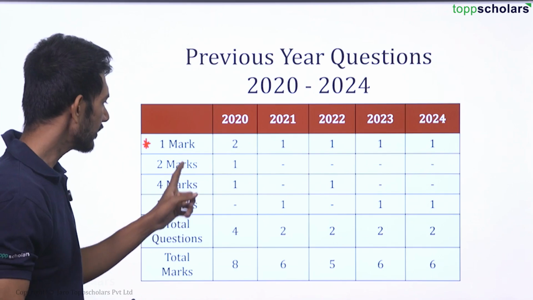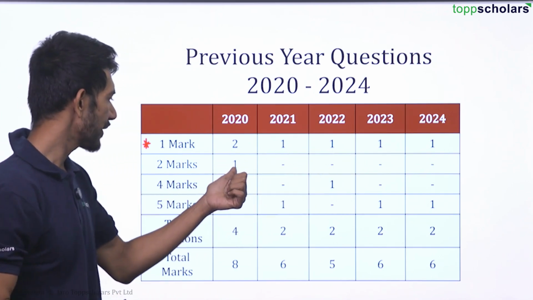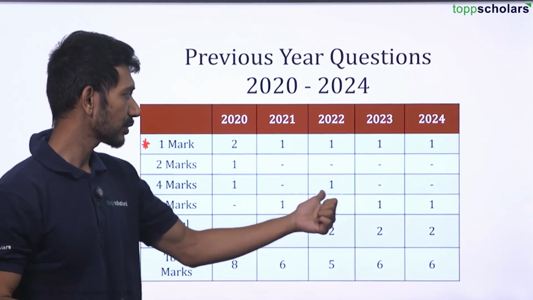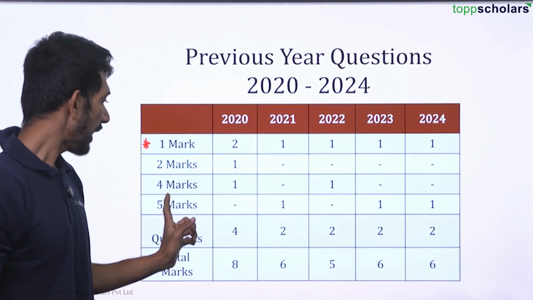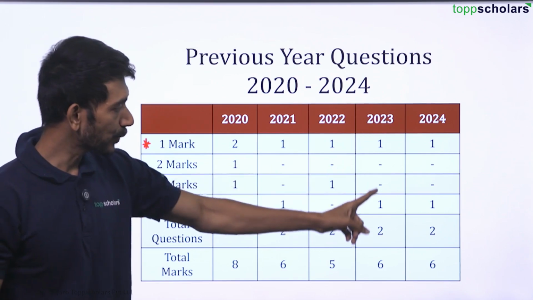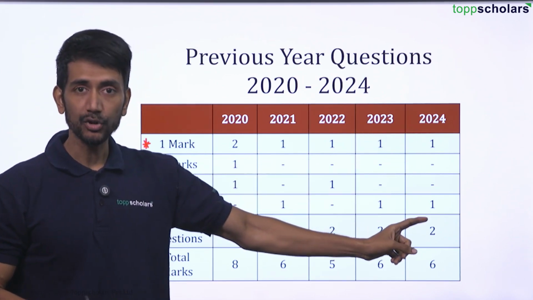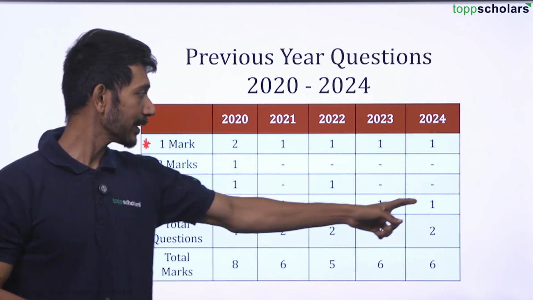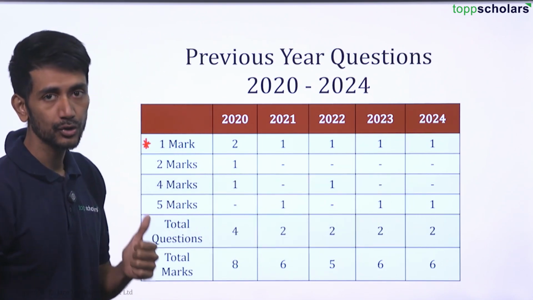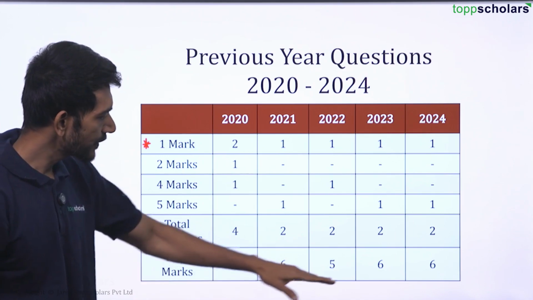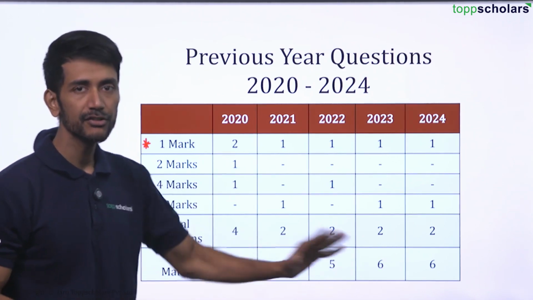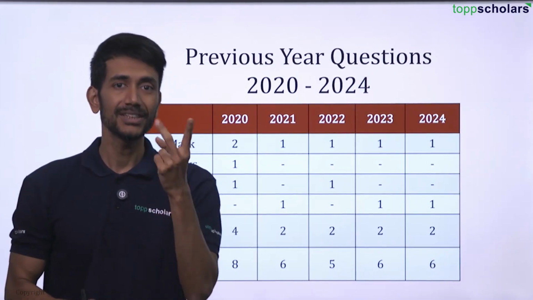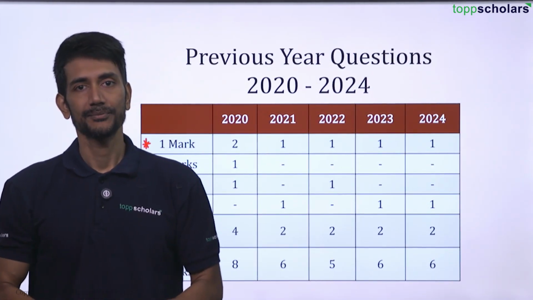Also, a 2 marker was asked in 2020, one 4 marker was asked in 2020 as well as 2022, and 5 markers were asked in 2023 and 2024. So back to back 2 years, 2023 and 2024, one question of 5 marks was for sure asked in the exam. The weightage is around 5 to 6 marks, so you can expect 2 questions from arithmetic progression, one short question and one long question, right?